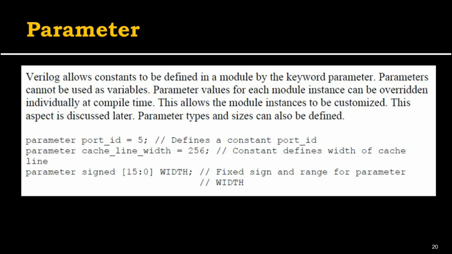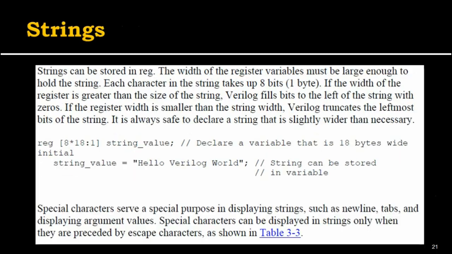Similarly, parameter cache_line_width = 256 defines the width of the cache line. Then parameter signed [0:15] width defines a signed parameter with a range of width. This way we can declare constants in Verilog programming by using parameter.